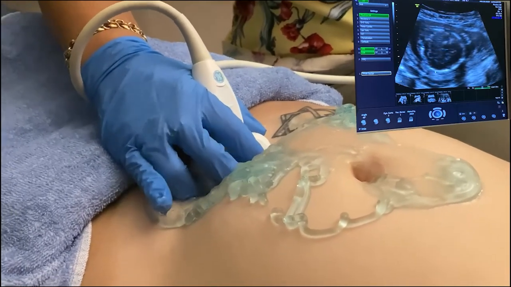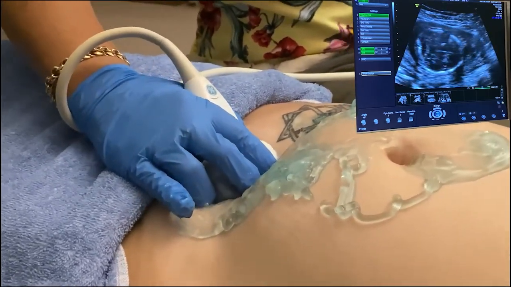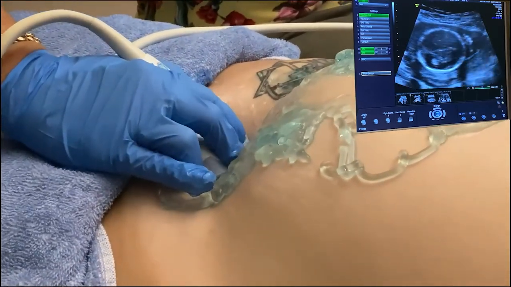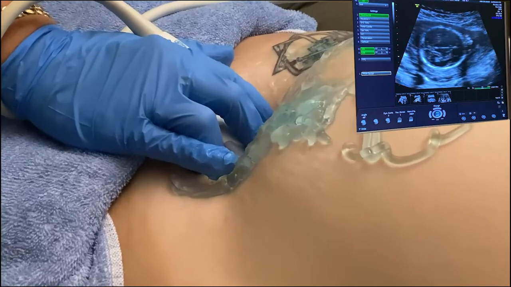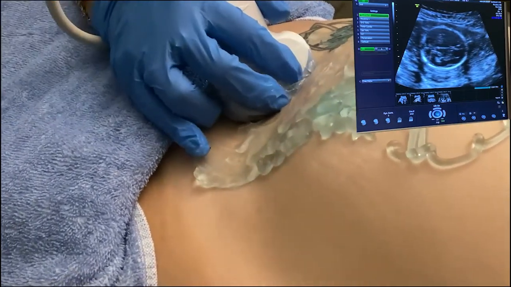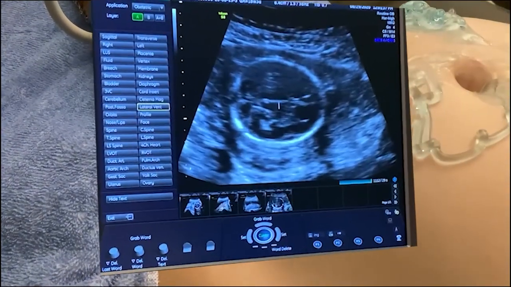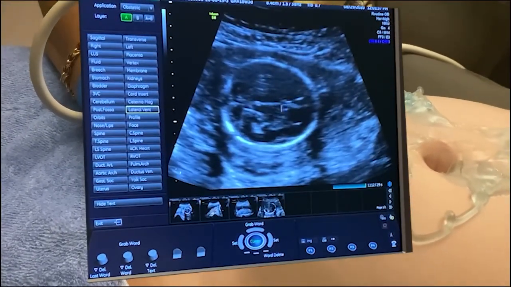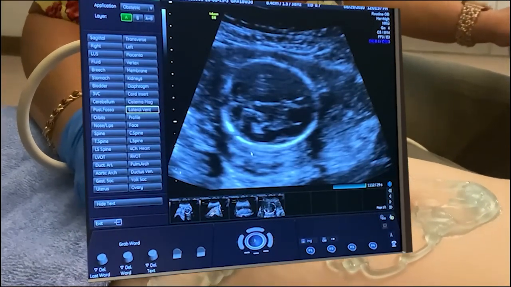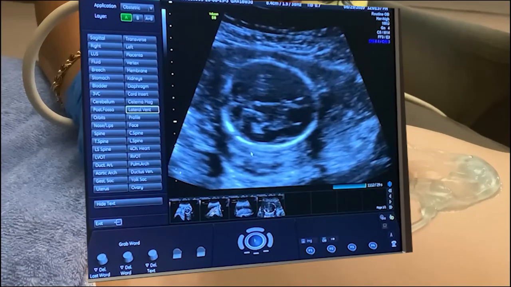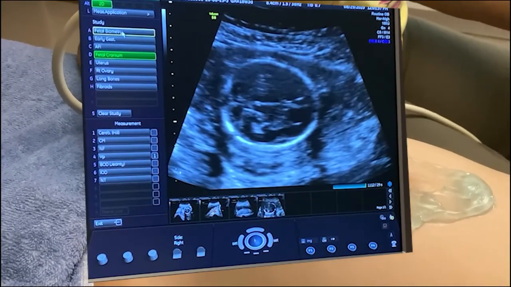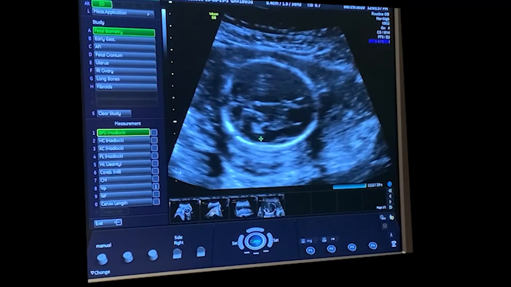Now we're just going to continue on scanning, and I'm going to look for my landmarks to measure my biparietal diameter. Now, this baby's head is tucked, but as we can clearly see, we can see the atrium, the cavum septum pellucida, the falx cerebri, and the thalamus, which are our landmarks for measuring the biparietal diameter as well as our head circumference.